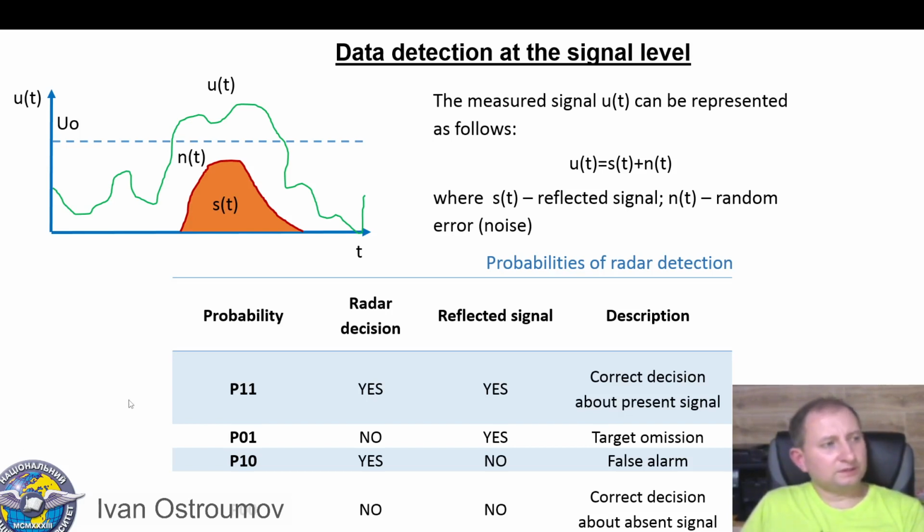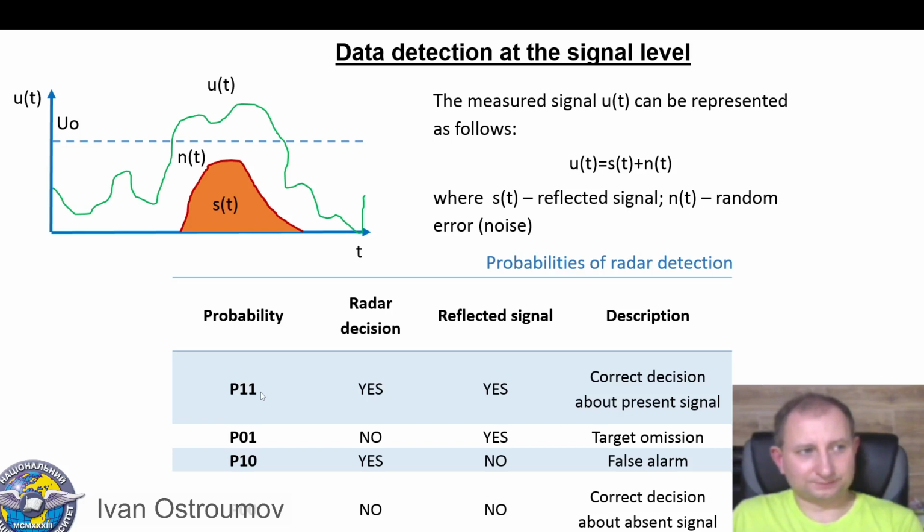First probability is P11. It's called P11 because we've got two yes. In logical form, yes can be assimilated to true, which is logical one. That's why P11.